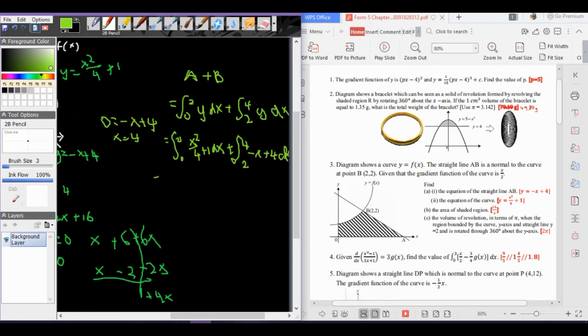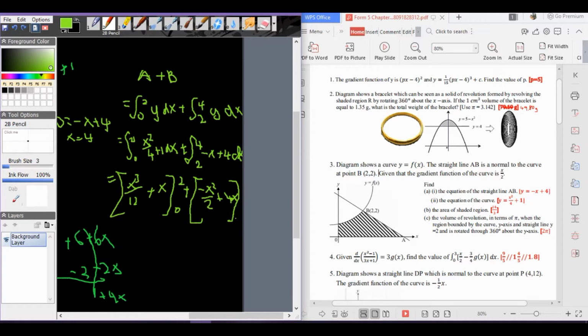Okay, solve this. So x cubed over 4 times 3, 12 plus x, 0 to 2, plus integrate this one, negative x squared over 2 plus 4x from 2 to 4.